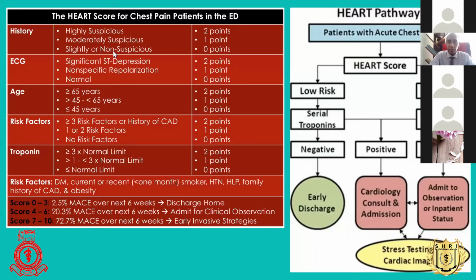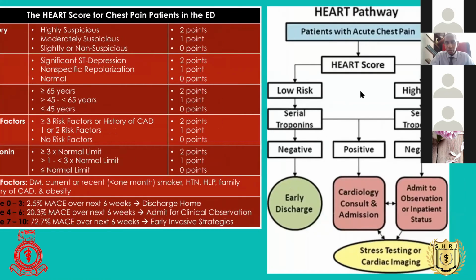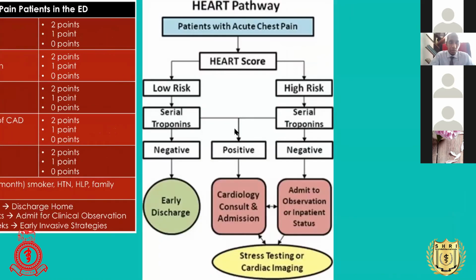This is one of the pathways being used, but there are some different pathways as well. So just to give an idea, if the patient is low risk, there's a possibility that the patient could be discharged once the system is in place and with the appropriate safety network.